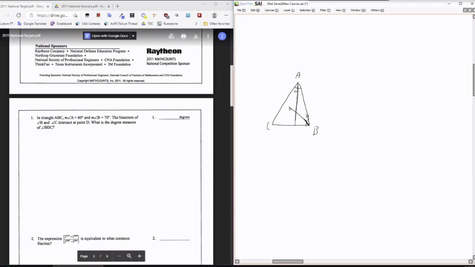And D, and we're looking for the degree measure of BDC. This is pretty easy because these are angle bisectors, so this is 30 and this is 35. So we just do 180 minus 30 minus 35, and we get 115 degrees.